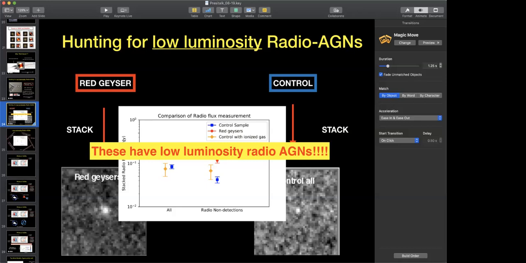Regarding supernovae, we controlled for a few factors when we set up the control sample, like mass, color, and age. You would not see a sudden increase in supernovae in red geysers out of nowhere. So the only thing left is the low luminosity radio AGNs.